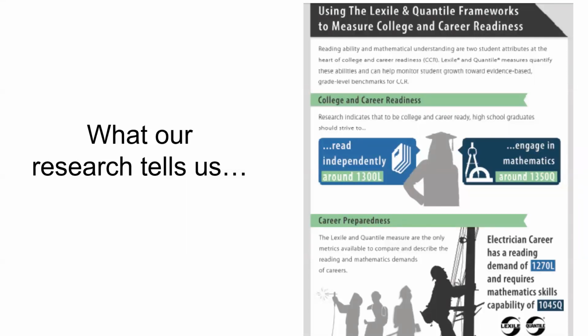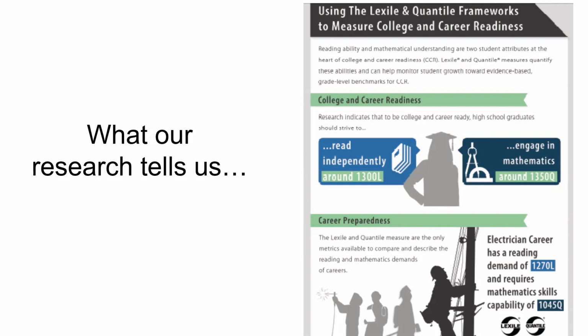And the research that we've seen after looking at collections of text that students will face once they graduate high school, be it going to a 2 or 4 year school, going into the military, or even going on into a career, we know that if they can graduate high school reading somewhere around a 1300 Lexile measure, they're going to be okay.